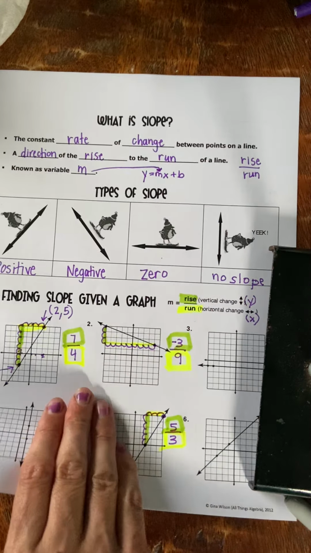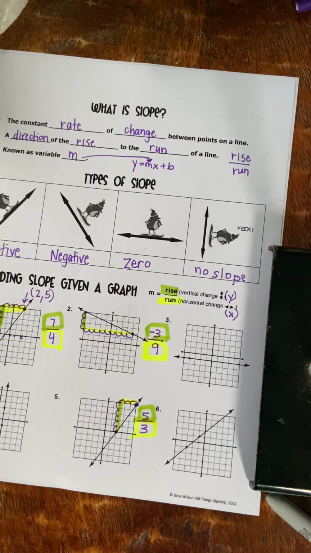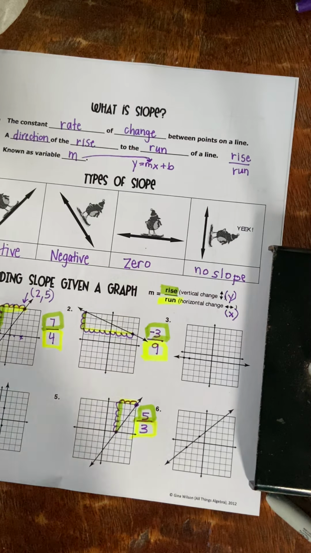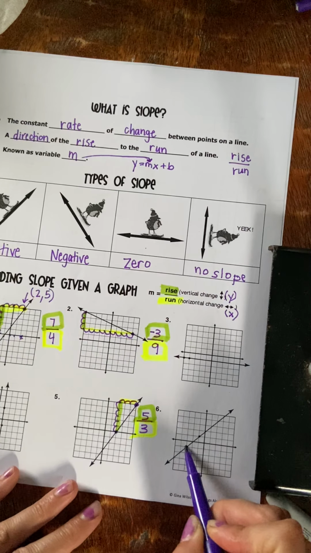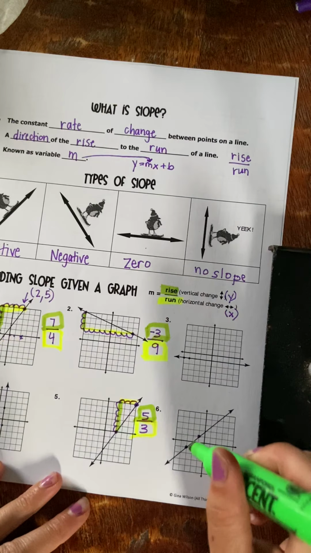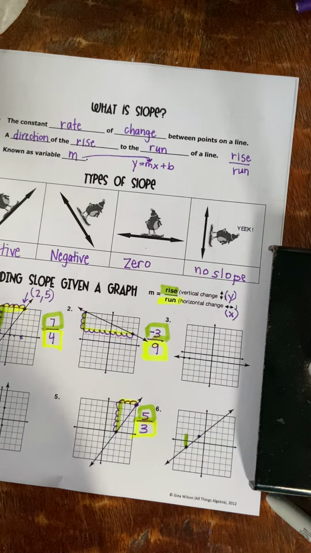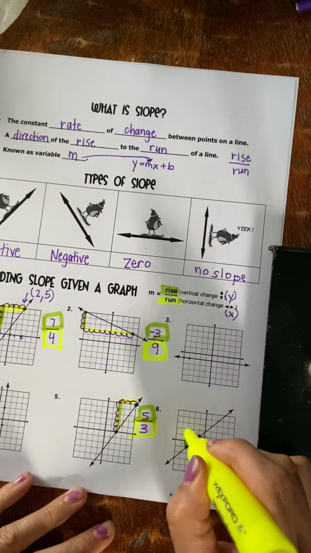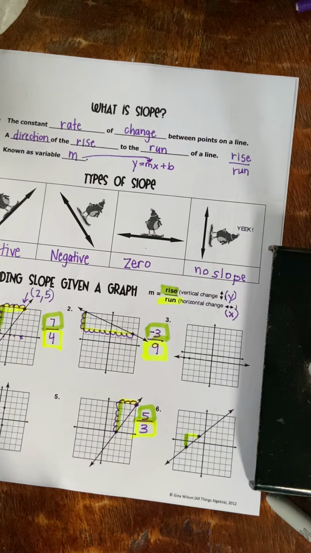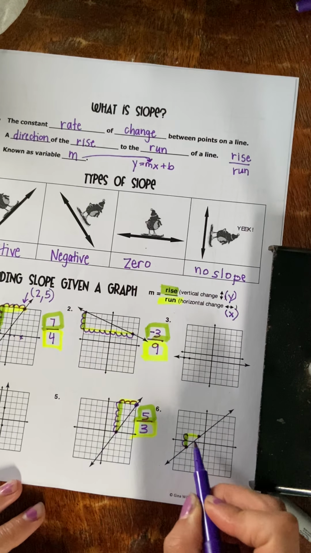All right, let's do one more. Where are the dots? Up 2 and over. So this is up 1, 2.